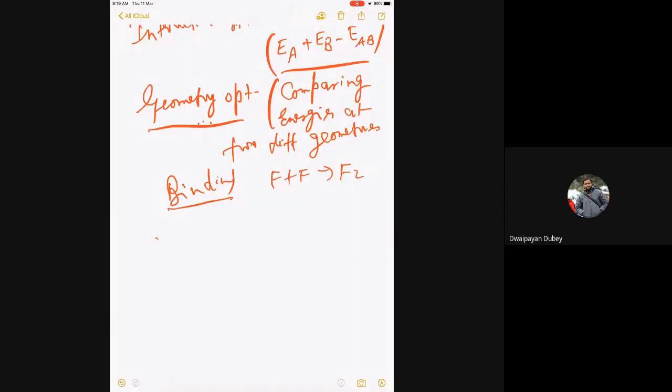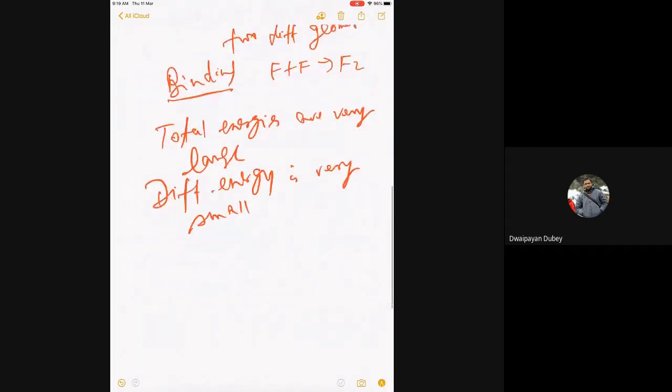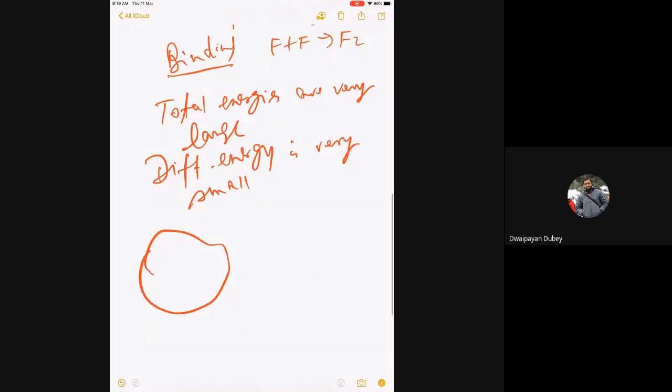Unfortunately, the total energies are very large, whereas this difference energy is very, very small. For example, if you have one system and another system and you are just looking at weak interaction, this is a very common problem in chemistry.